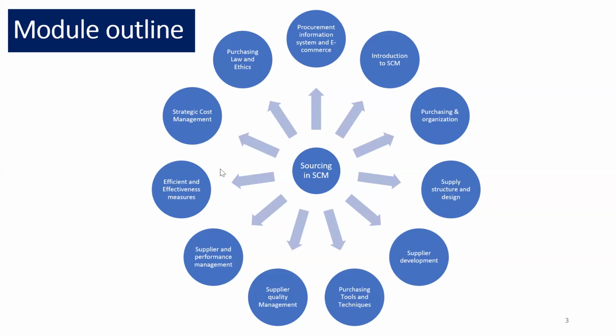The key areas you have covered: the introduction to supply chain, the first module. Then purchasing and organization, supply structure and design, sorry, supply development, purchasing tools and techniques, quality management, we went through it.